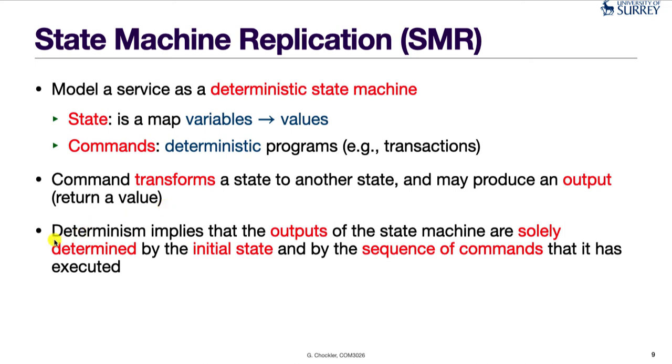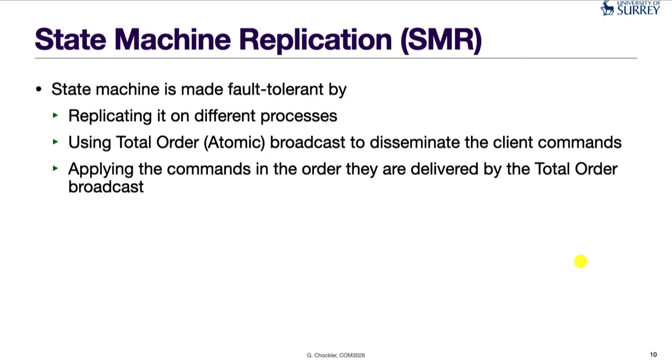An important observation is that the commands are deterministic and the state machine is deterministic, which implies that the outputs of the state machine are entirely determined by the initial state of the state machine and the sequence of commands that has been executed. So this is the state machine definition.